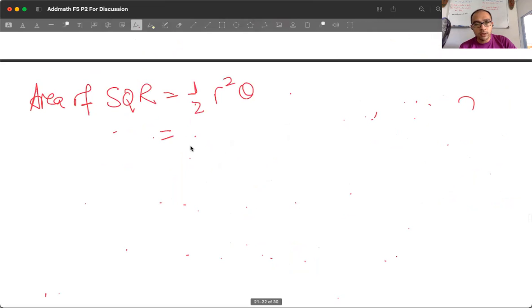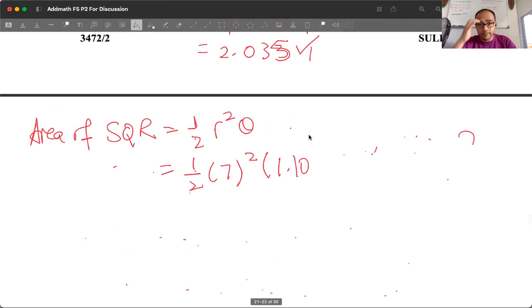So it's 1 over 2, r is 7 squared, and our theta is 1.107. This will give us about 27.1215. Saya ambil semua sebab belum lagi jawapan akhir.